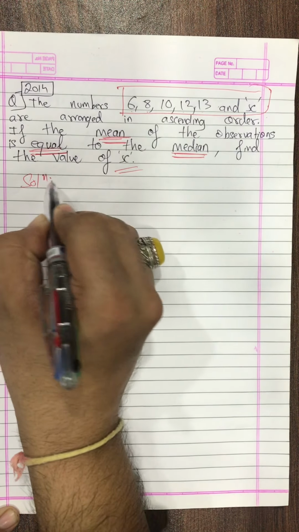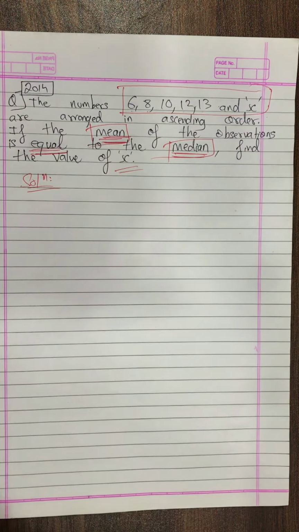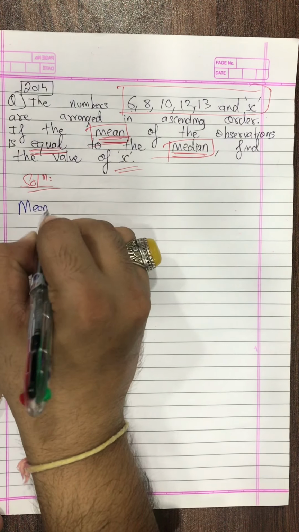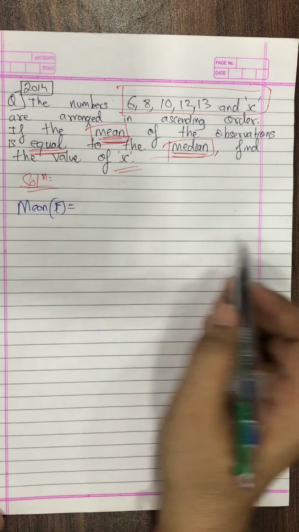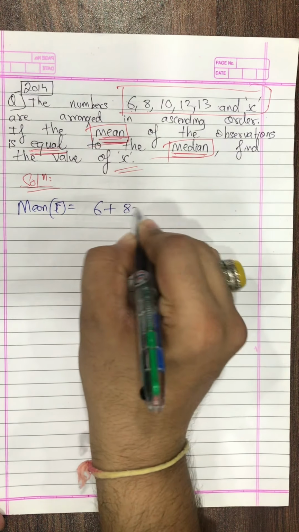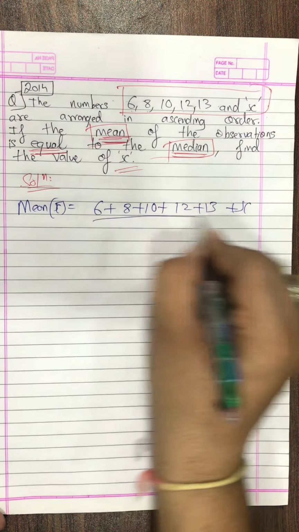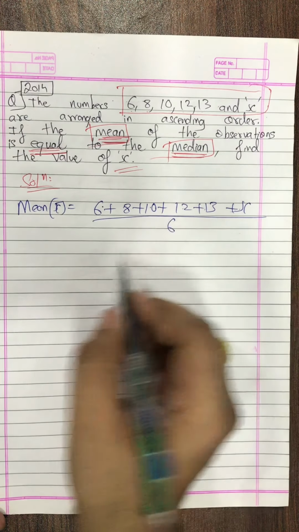Okay, let's very quickly find out a solution. It's given to us that mean is equal to the median. So let me first find the mean. Mean x bar, what's the formula? Summation of all upon the number of terms. So I'll add 6 plus 8 plus 10 plus 12 plus 13 plus x upon 1, 2, 3, 4, 5, 6. There are 6 values, so upon 6.